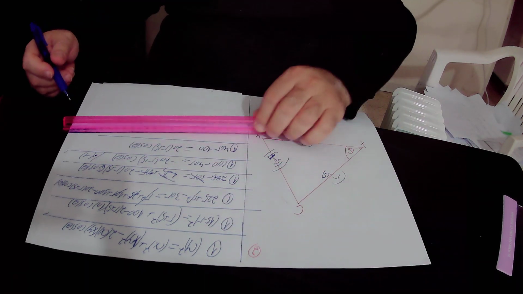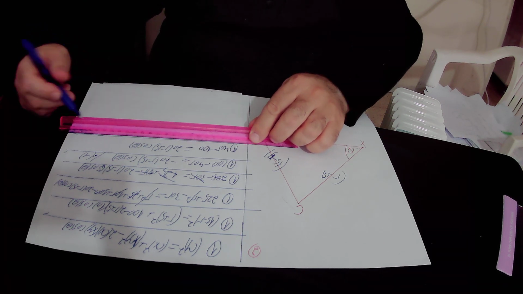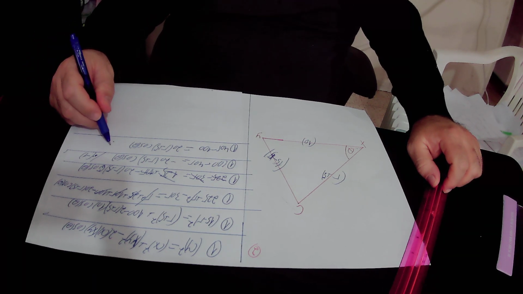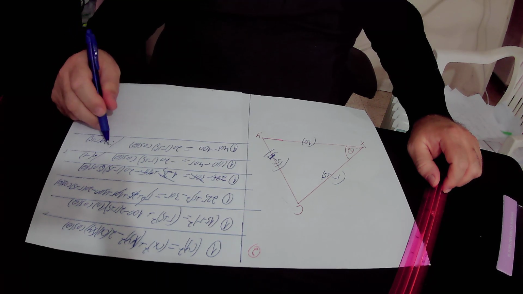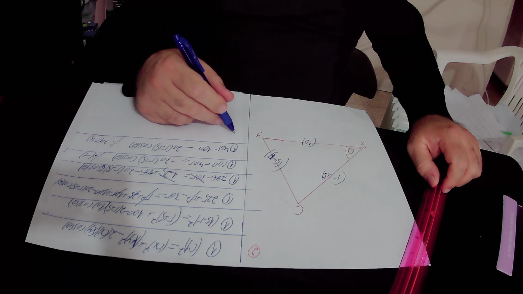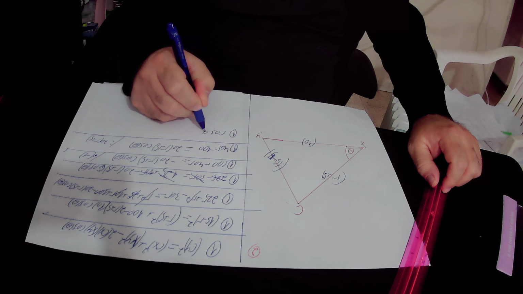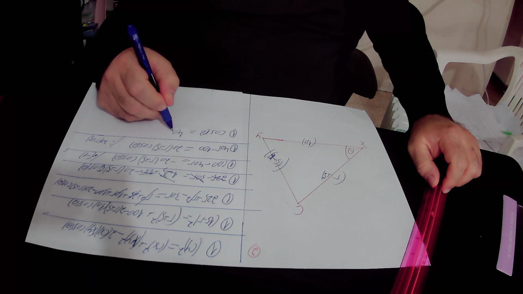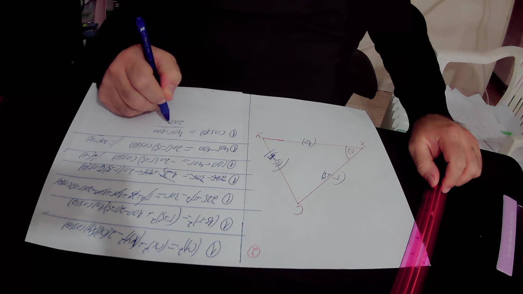Here we will divide by 20 times r plus 5, and we will get that cosine theta equals 40r minus 100 over 20 times r plus 5.